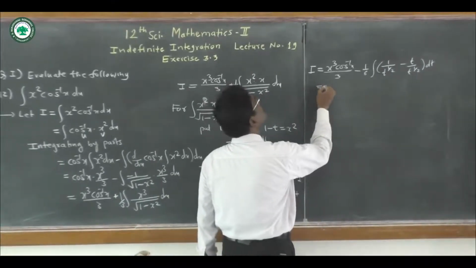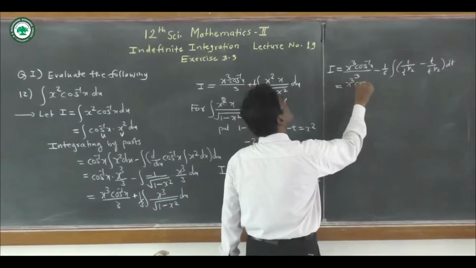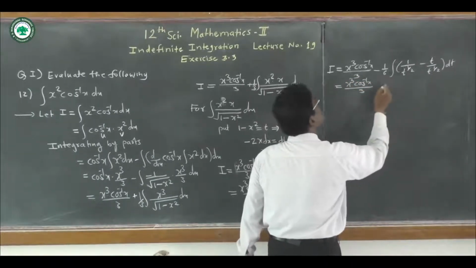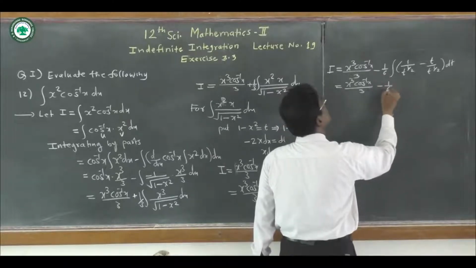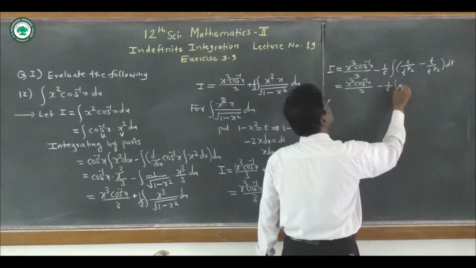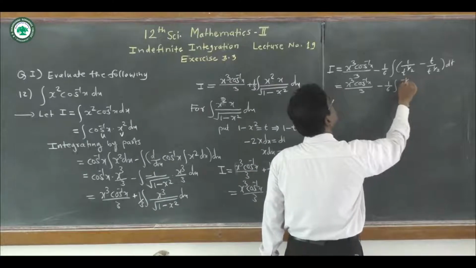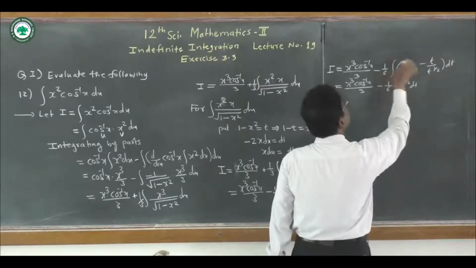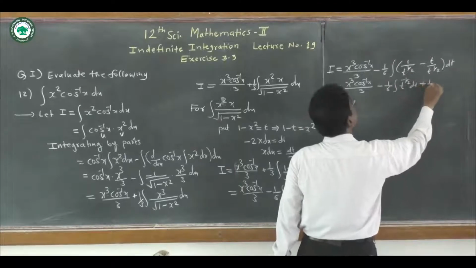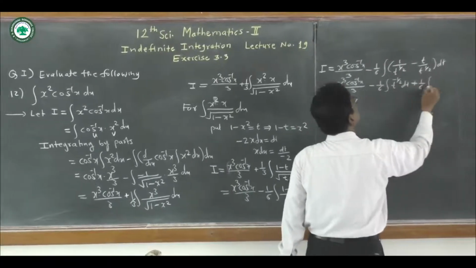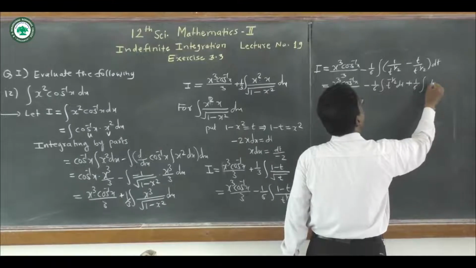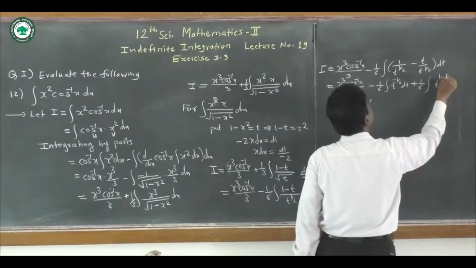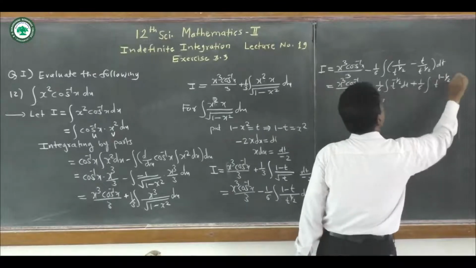So this is equal to x cube cos inverse of x upon 3. We separate this integration, minus 1 upon 6 into integration of t to the power minus half dt. We shift this power in the numerator, and this minus and minus become plus 1 upon 6 into integration of t to the power 1 minus 1 half dt.